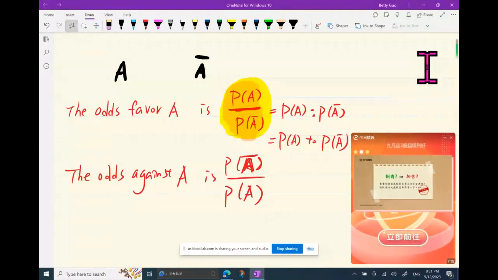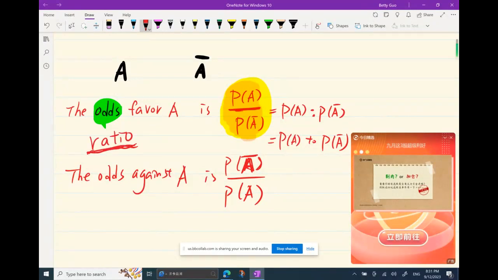Odds is closely related to probability, but different. Probability is one value, which has to be bigger than or equal to 0 and less than or equal to 1. But odds is a ratio.